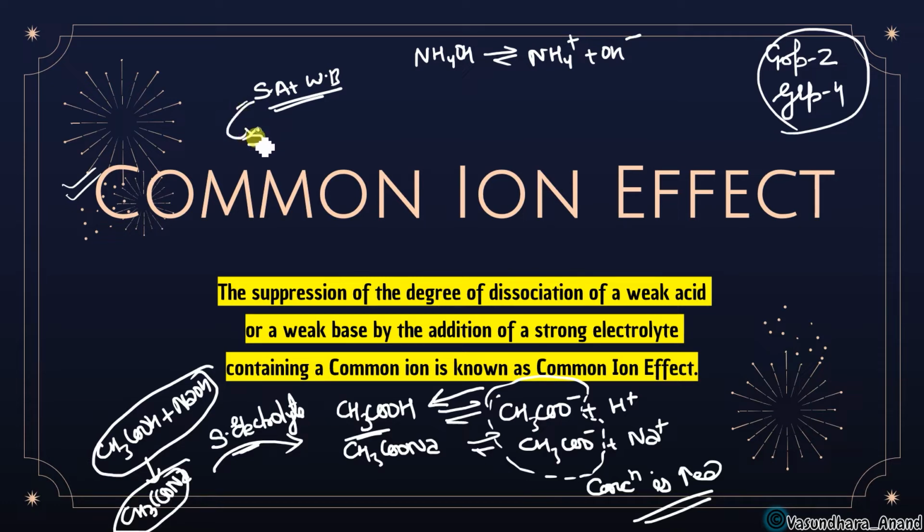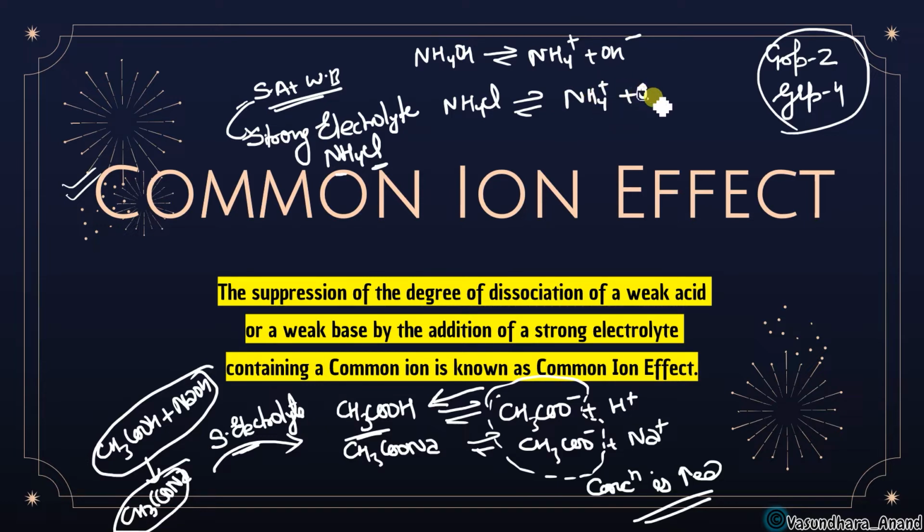Let me take NH4Cl, where the acid is HCl and the base is NH4OH, and if this NH4Cl undergoes dissociation, it will give NH4 plus and Cl minus.